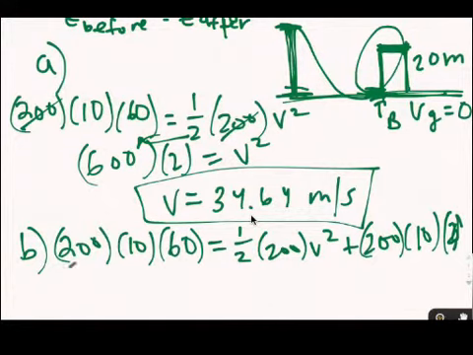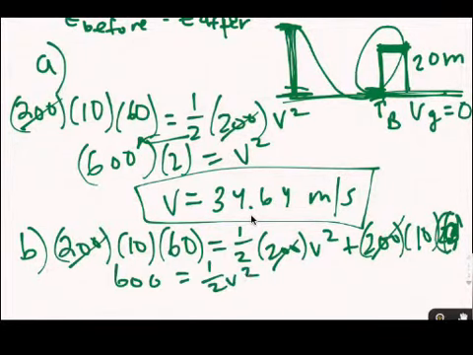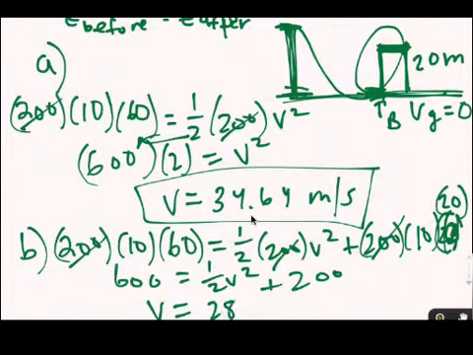Now I want you to always write the mass, even though it's canceling out in these, because you always want to show all of your work. So it's 600 equals 1/2 v squared plus 200. So it's 400 times 2, so 800, so v is the square root of 800, which is 28.3.